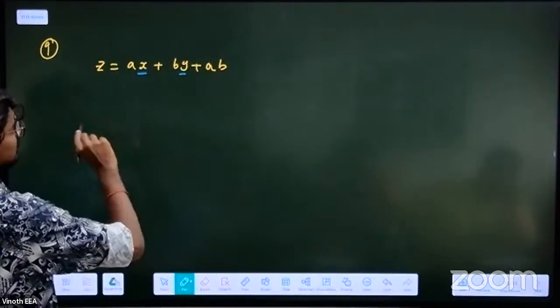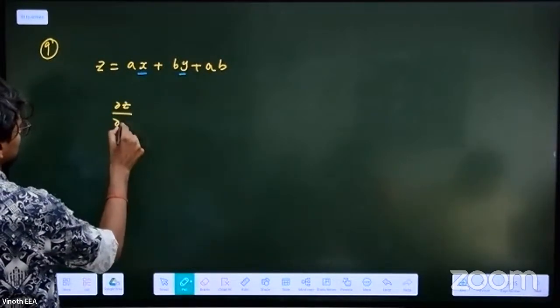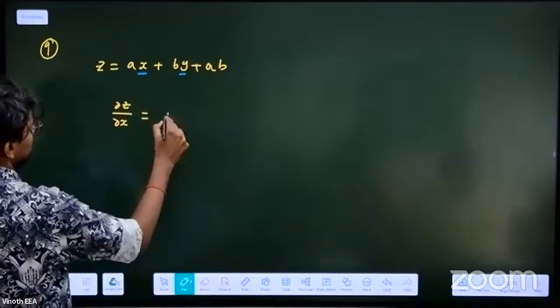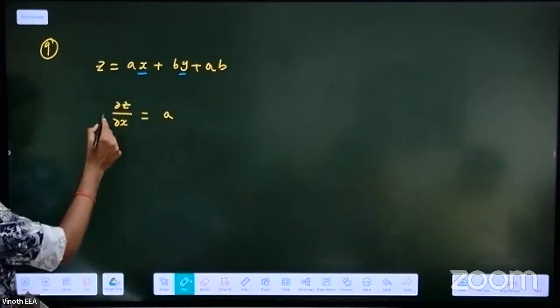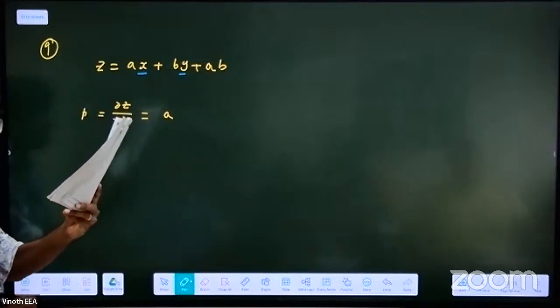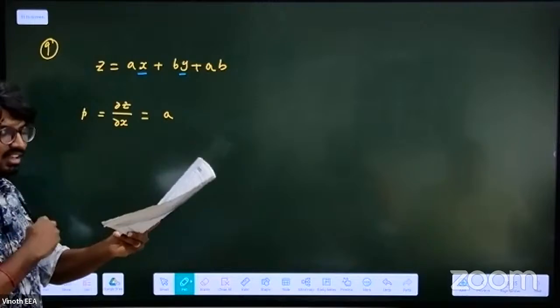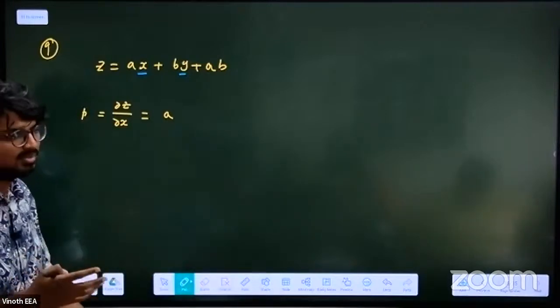So I cannot differentiate normally. So partial differentiation, dou z by dou x will be simply a. And they given that dou z by dou x is p. And also ab, they didn't mention ab as an arbitrary constant, but I have only those two constants, so I am going to treat both as arbitrary.